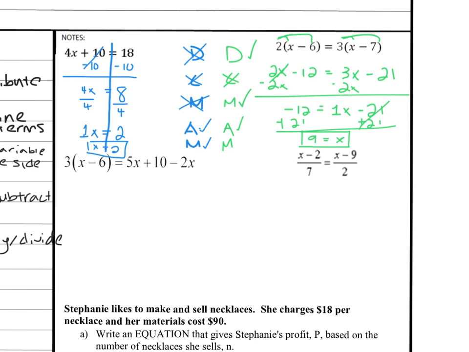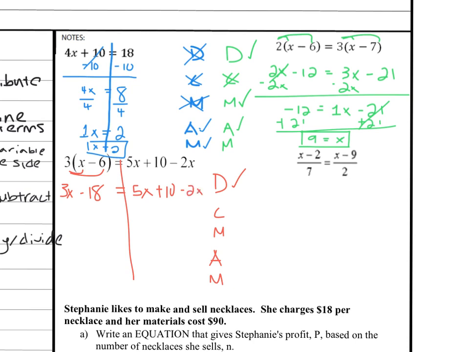Moving on to the third problem. Write down my DCMAM. Bring my line down. I see parentheses, so I'm going to distribute. 3 times x is 3x, 3 times negative 6 is negative 18. Bring down my equal sign, and I'm just going to rewrite everything on the right side.